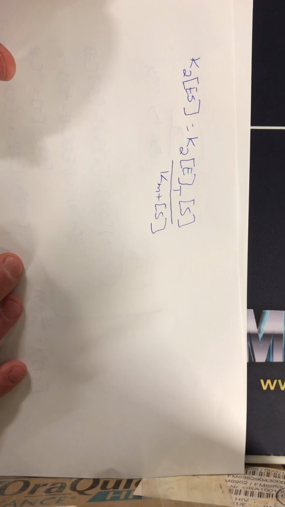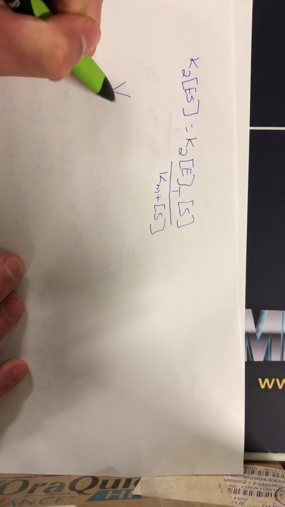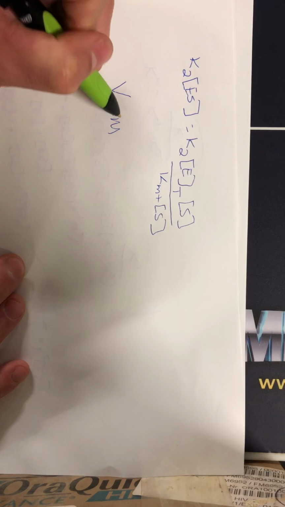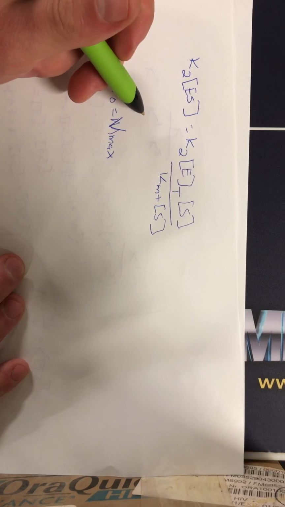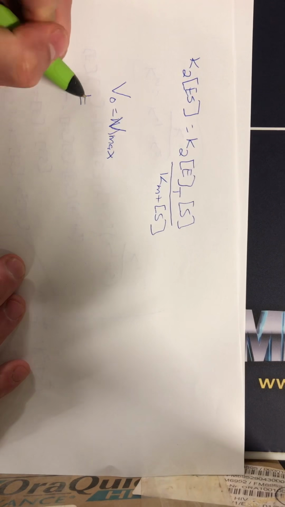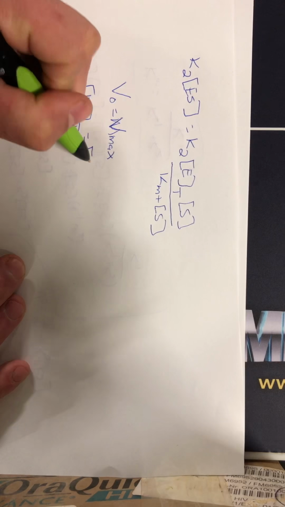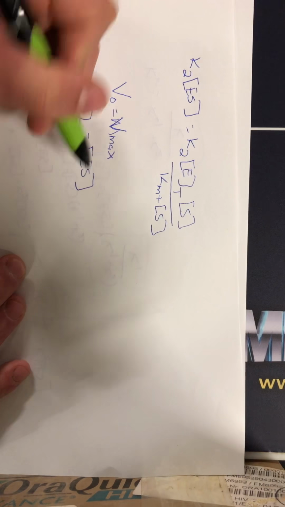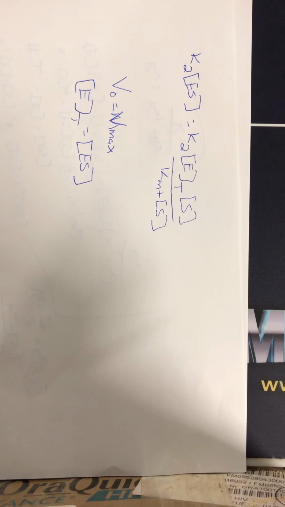We know that with the equation for this one, our VO is equal to our Vmax, which then you could say that your enzyme total is equal to your enzyme substrate, since all of our enzyme is covered by substrate.